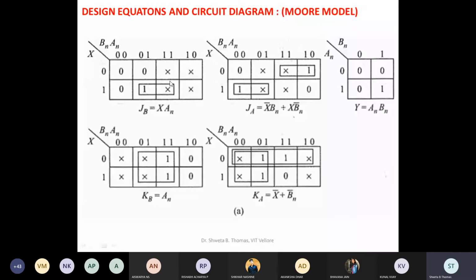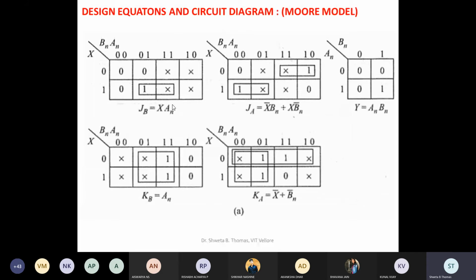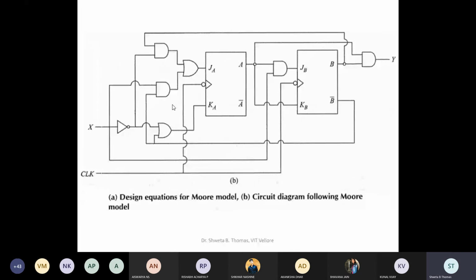And wherever don't care conditions are there, you fill don't care. How to solve this K-map, I think it is not required to tell you. Once you form this, you can go for the circuit design equation by using the Moore model. Then you can go for the model development.